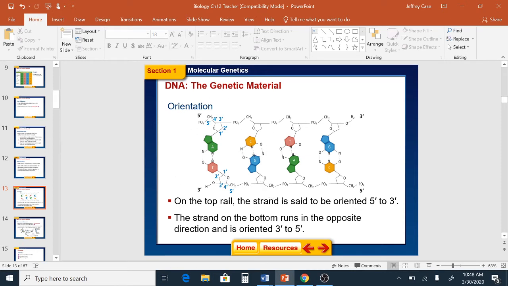So orientation: on the top rail, the strand is said to be oriented 5' to 3'. The strand on the bottom runs the opposite direction, and is oriented 3' to 5'.